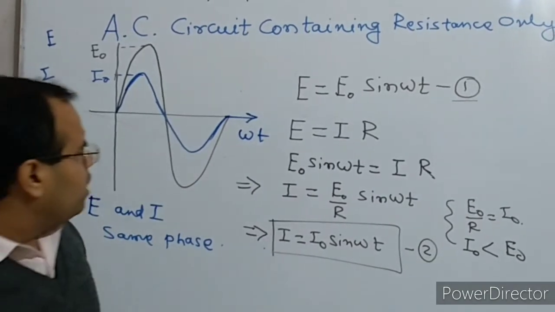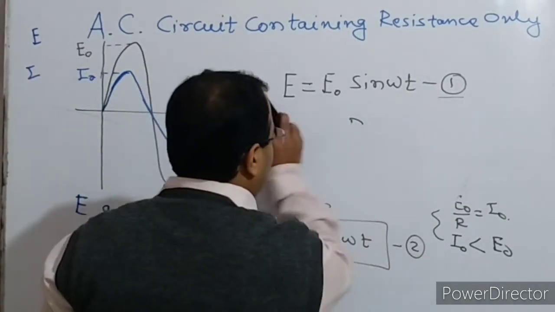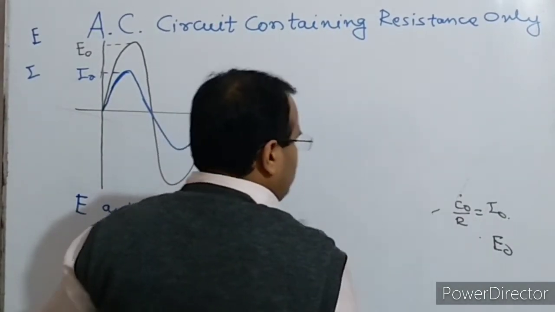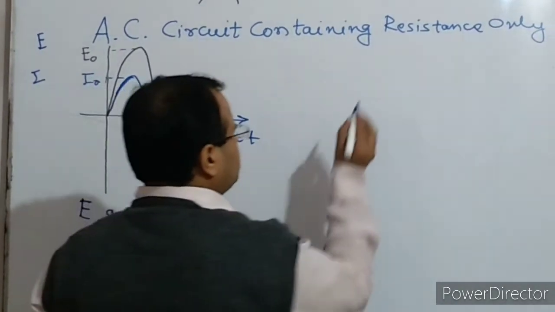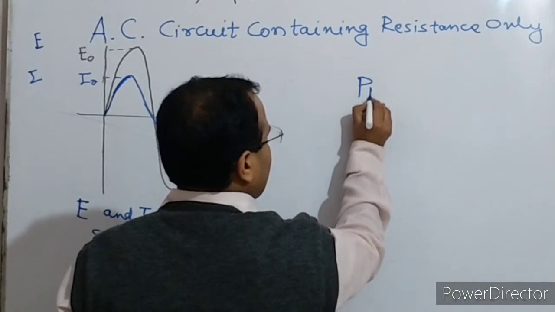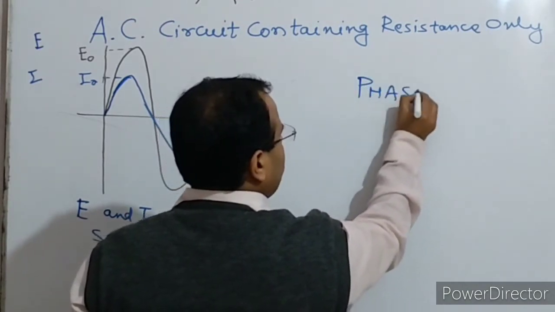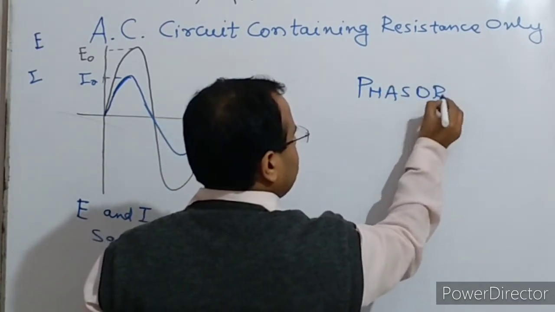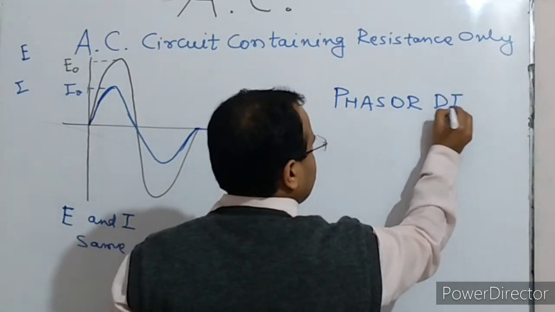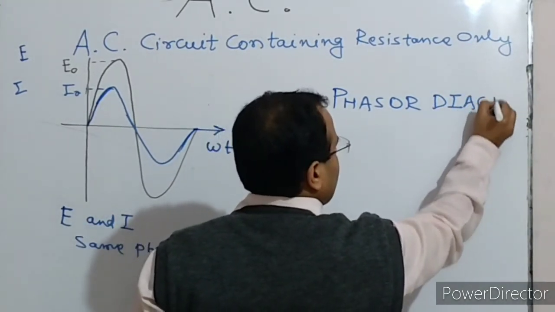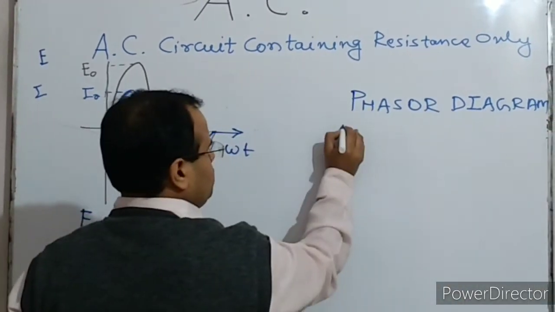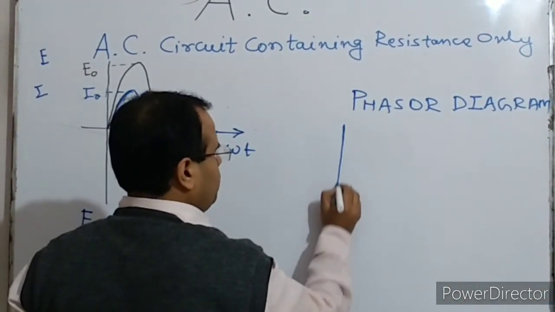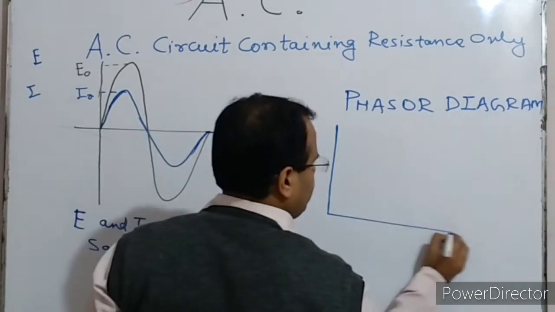We can represent this variation with the help of a diagram which is called a phasor diagram. So let us discuss how you can represent the phasor diagram. It is a very simple diagram. In this you can represent the EMF like this.